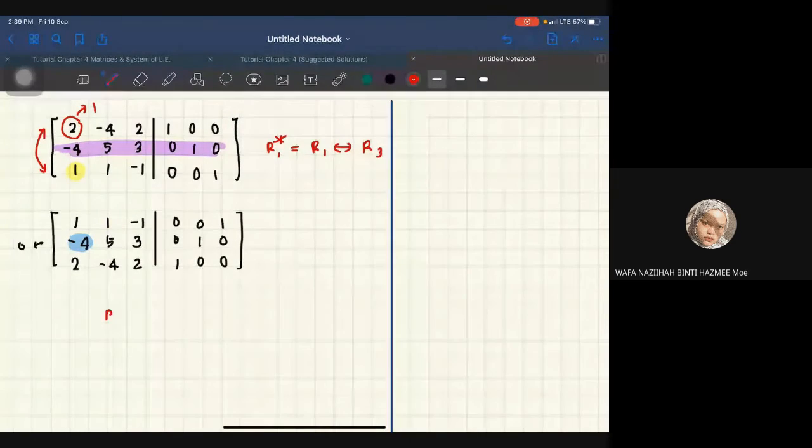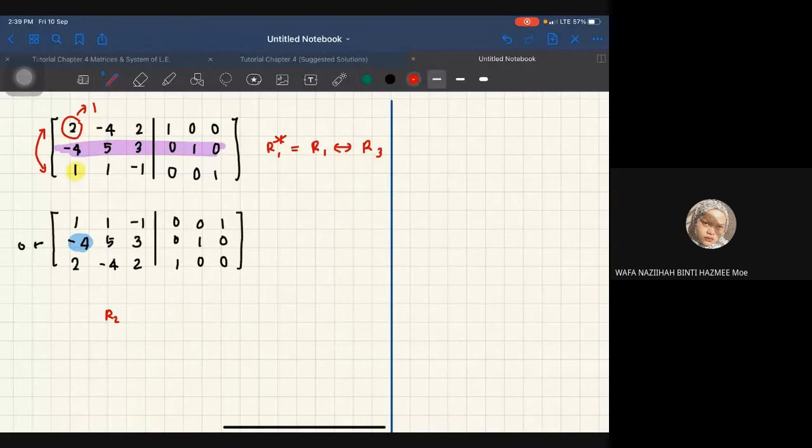Untuk kita punya leading diagonal sekarang, dekat kolom yang pertama tu, dia berada dekat row mana? Leading diagonal yang mana? Sorry. So, this is our leading diagonal. Dia berada dekat row yang keberapa? Sorry, kolom yang keberapa? 1. Pertama. 1. Betul. Okay, so kita akan tulis R1 dekat sebelah kiri.